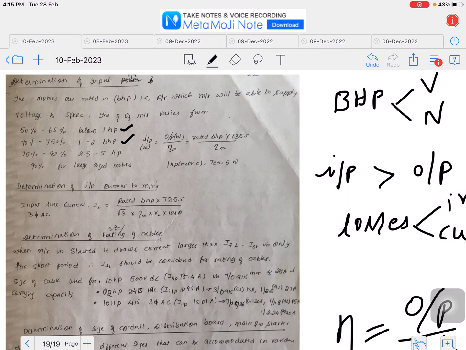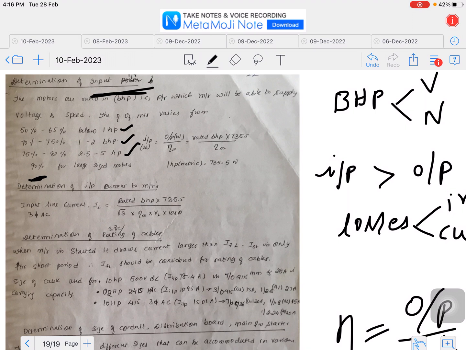And for a 2.5 to 5 HP motor, if it is not given in the data, we can presume the efficiency of around 75 to 80%, and for any large size motor, gradually rising efficiency up to 90% can be presumed. Special purpose motors or the modern motors can be designed for higher efficiency, so the efficiency can be higher than 90%. This is how we determine the input power.